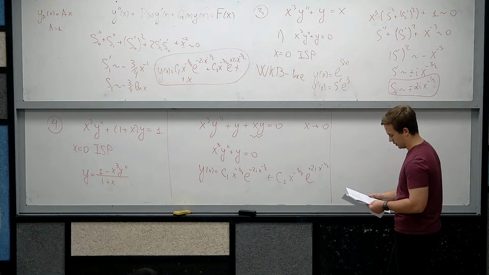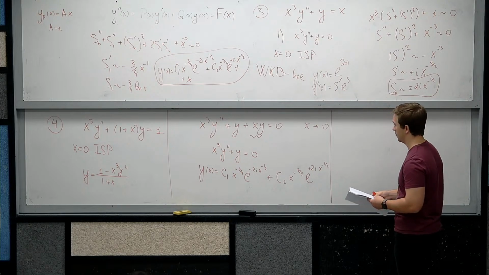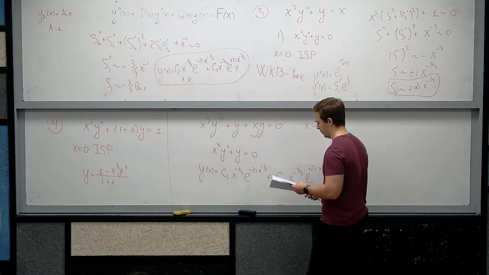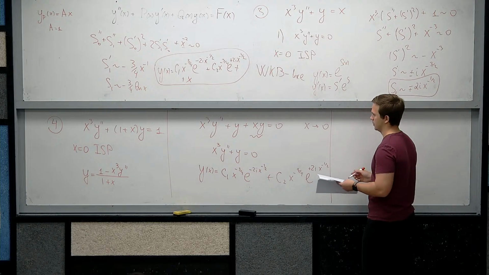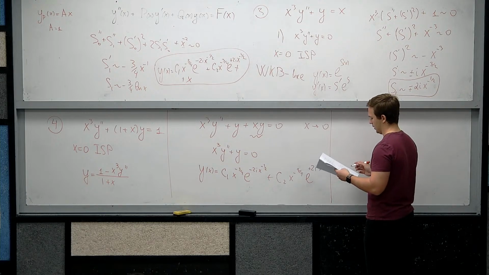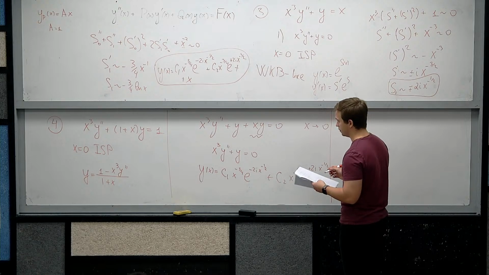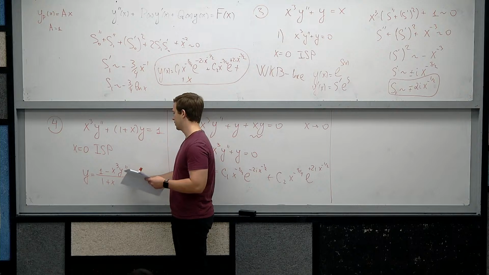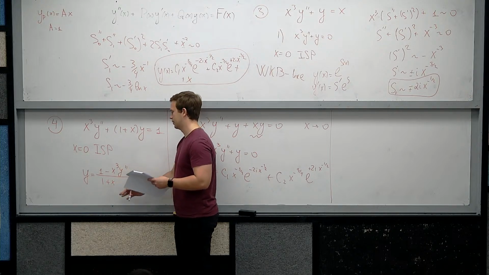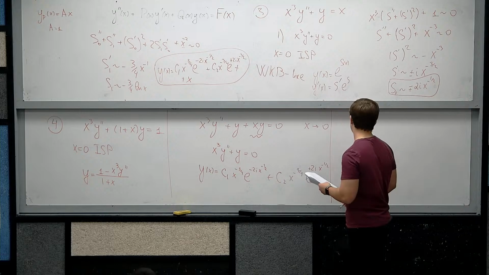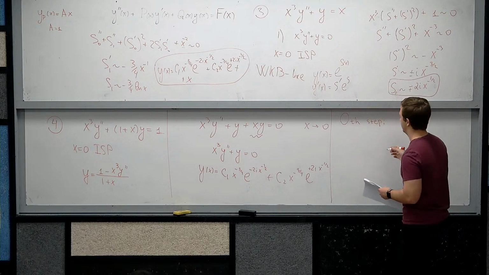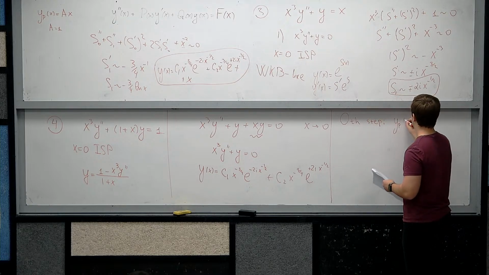So let's try to solve this by the iteration method. On the first step, we will assume that x is small, and if it's small, in the zero order approximation we can neglect this and this, and in step number 0, our particular solution is just 1.